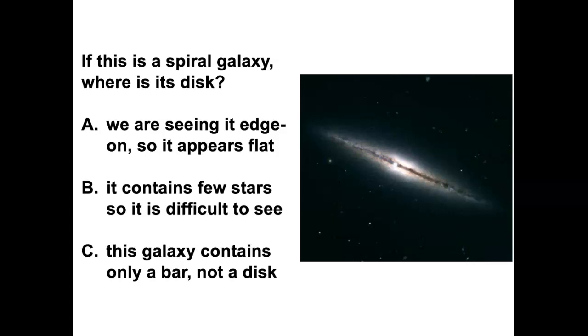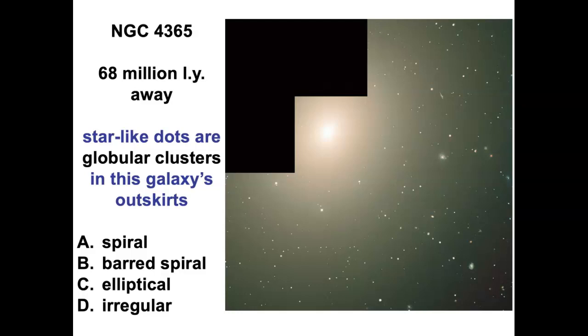I'd say your best answer is A. The reason why this galaxy looks so straight and linear is because we're looking at the disk edge on. That is the disk, right? There's the bulge, and the rest of this is the disk. So it looks flat because we're looking at it so edge on. So A it is. How about this one?